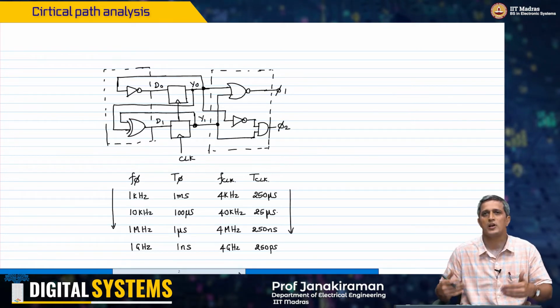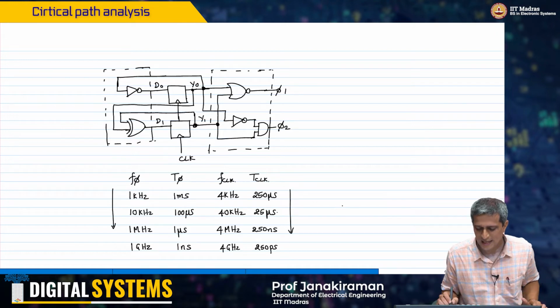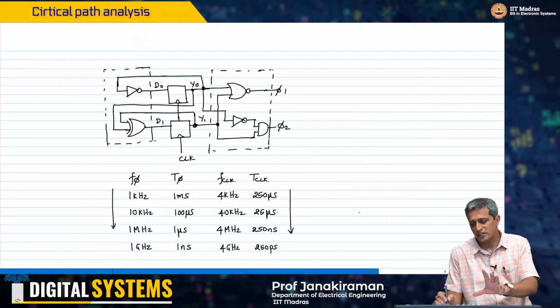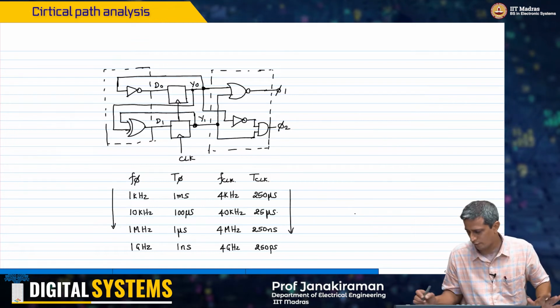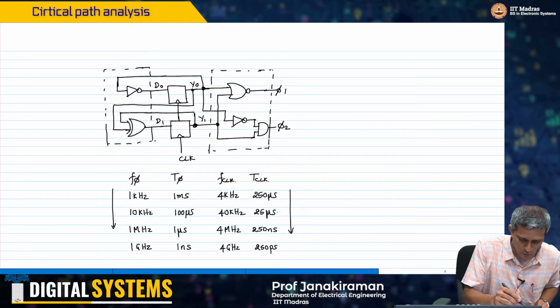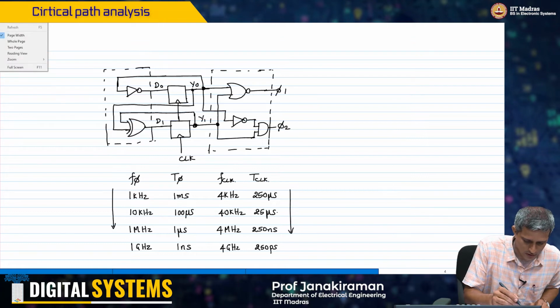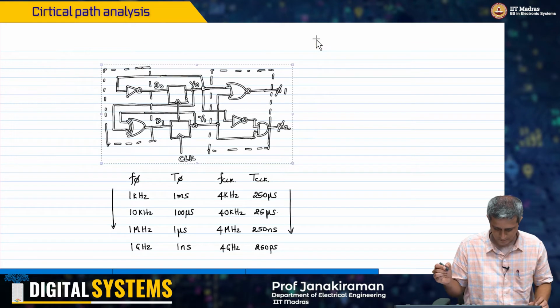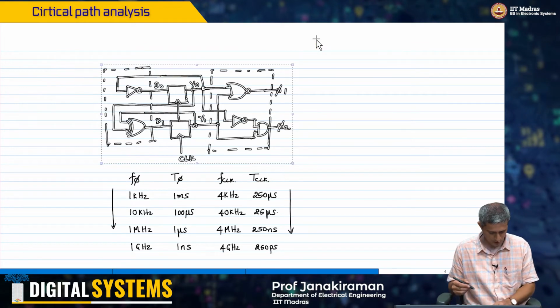Okay, so let's take one step back and analyze what is the maximum frequency at which this circuit can operate first of all. So I am going to make a copy of this.